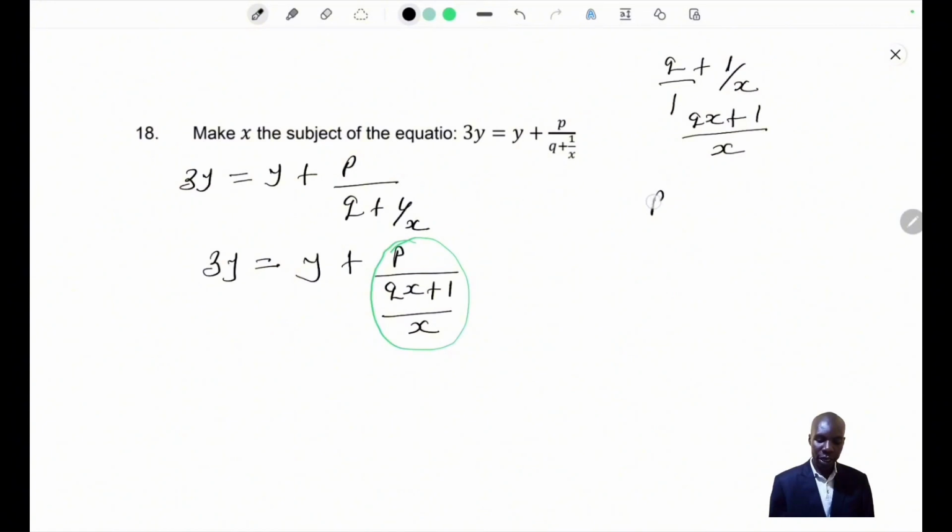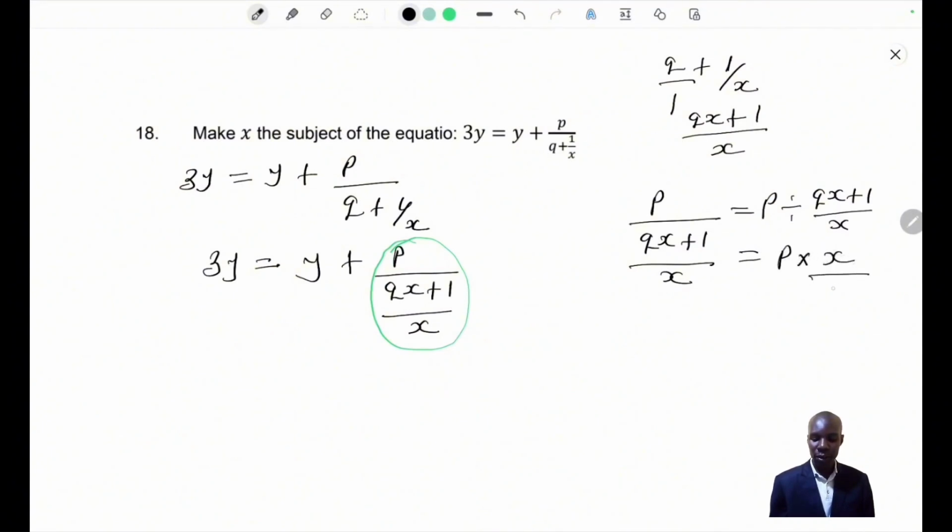If you are given p over qx plus 1 over x, this is the same as p divided by qx plus 1 over x. This is the same as p times x over qx plus 1. This is the same as px over qx plus 1.